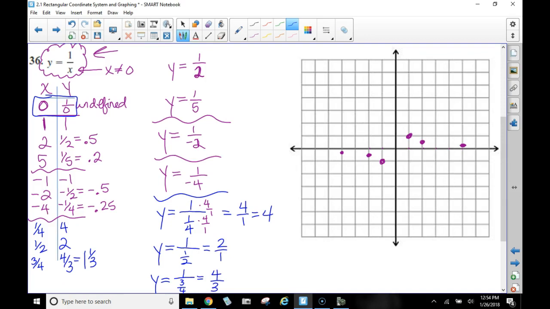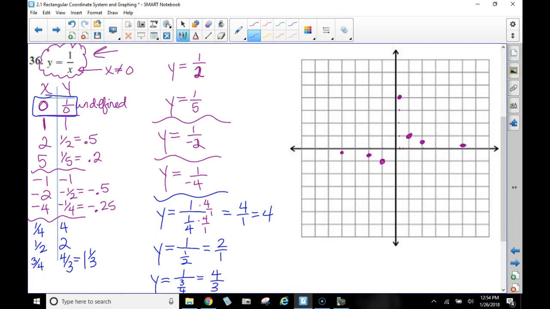Now, when x is 1/4, I'm going to go over to 1/4, which is about right here for x, and then y is 4. So I'm going to go up 1, 2, 3, 4. That is (1/4, 4). When x is 1/2, that's about right here.